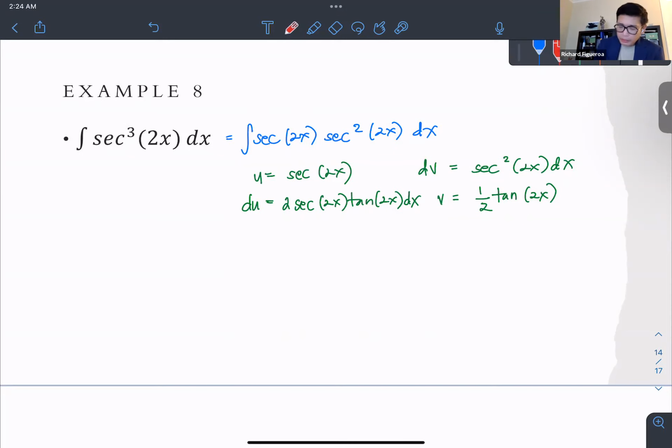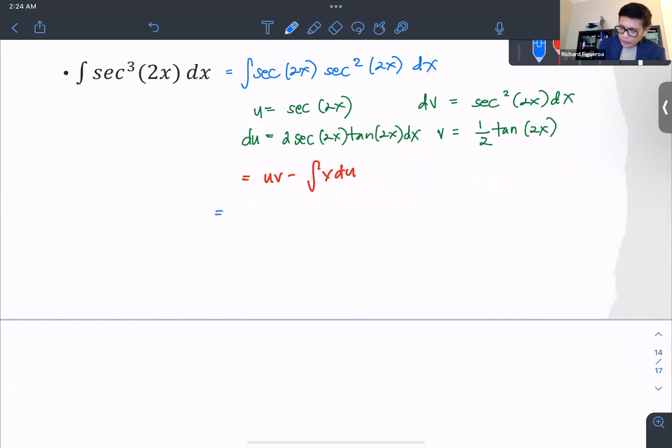So now we can employ our formula, that is uv minus the integral of v du. That's our u, secant 2x, v is 1/2 tangent 2x, so multiplying these two, that is 1/2 secant 2x tangent 2x. That is our uv.